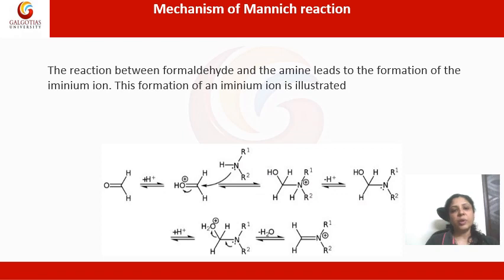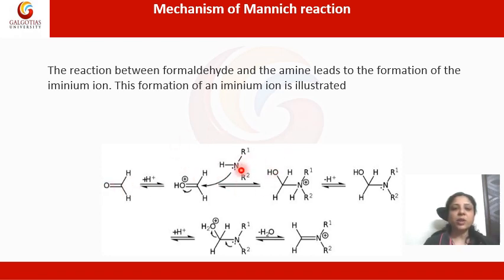The reaction between the formaldehyde and amine leads to the formation of an iminium ion, which is illustrated here. This is the formaldehyde, which when H+ is added gives a protonation here.